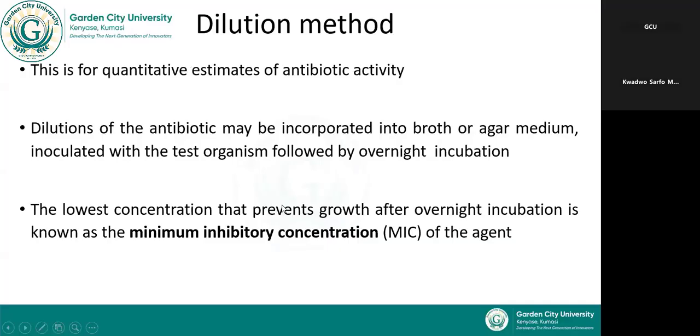So the first option, the dilution method, is quantitative. Here we want to know the minimum concentration of the antibiotic that will be able to inhibit or kill the microorganisms.